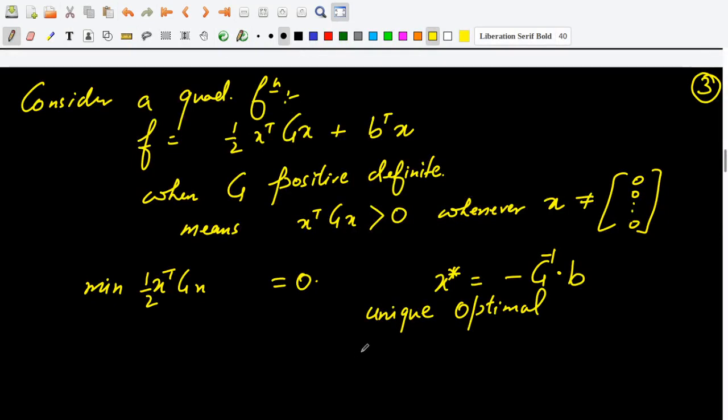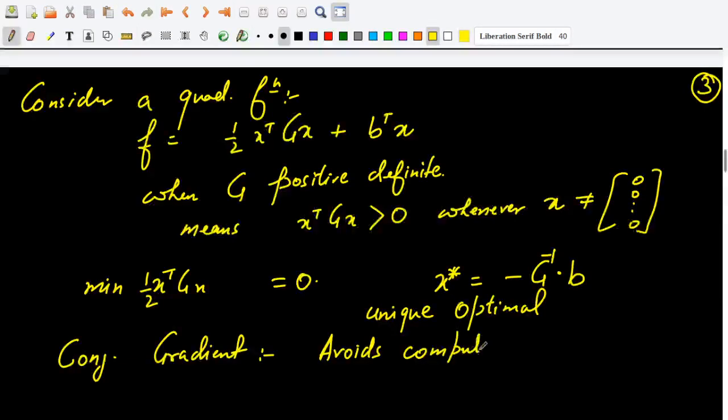So this conjugate gradient method can be motivated by trying to solve this rather very simple problem whose solution we already know. But what the conjugate gradient method does is avoid computing G inverse.